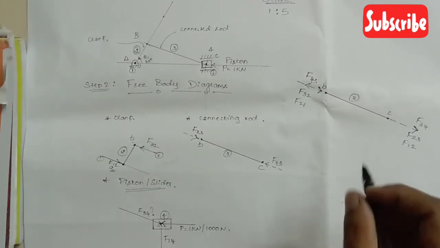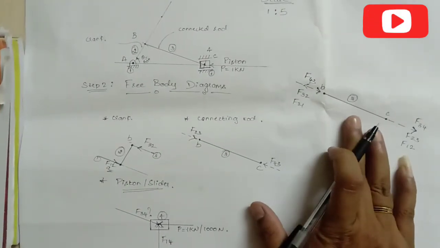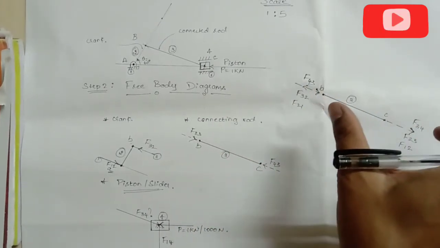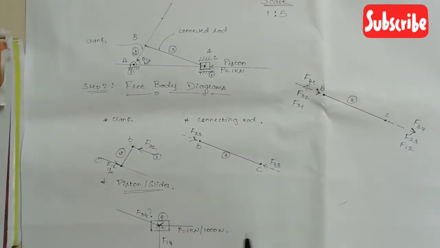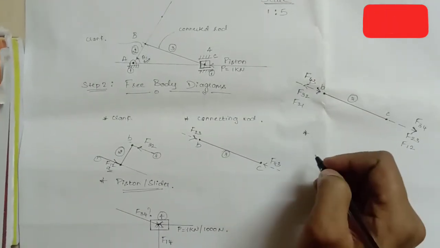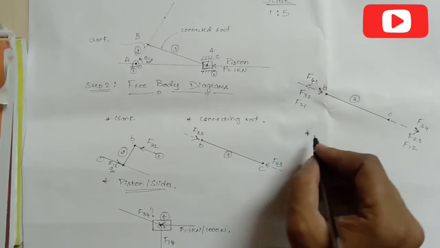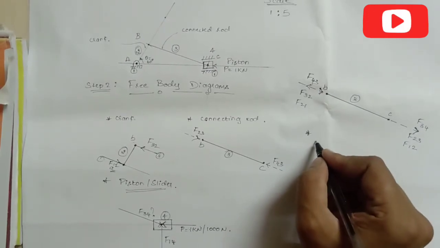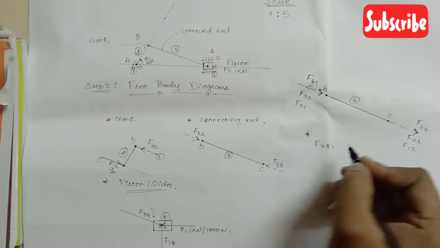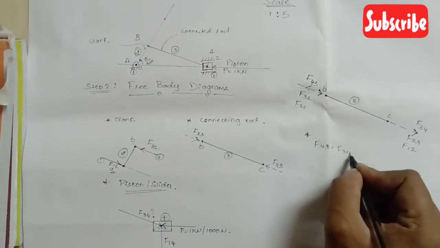Now, we know that whenever a body is acted upon by two equal and opposite forces, the two magnitudes should be equal and they should be in opposite directions. So while drawing the force polygon of our link 3, we will be making the symmetricity equations here. The symmetricity equation goes like this. F43 is equal to F34.